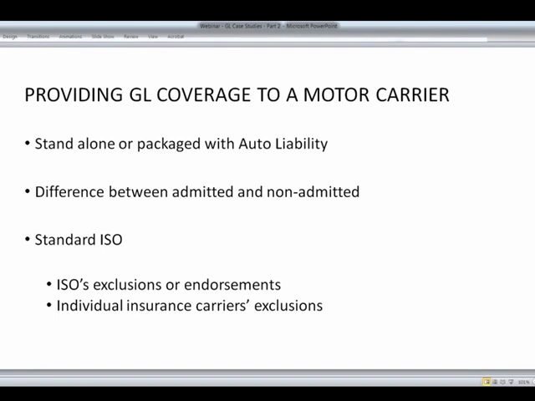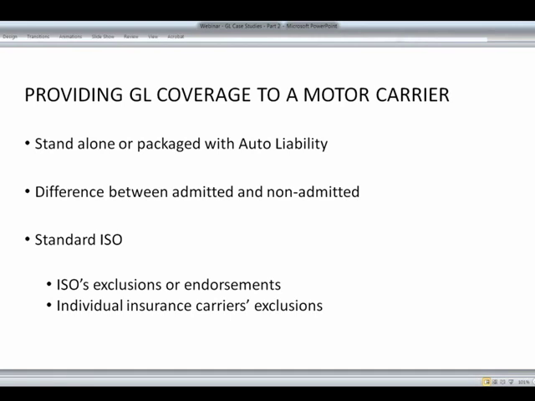Non-admitted carriers are not licensed by the state to do business in that state. However, they have the right to do business in that state, and the policies they write are not necessarily always standard ISO forms. There will be endorsements added that will limit coverage or expand coverage.